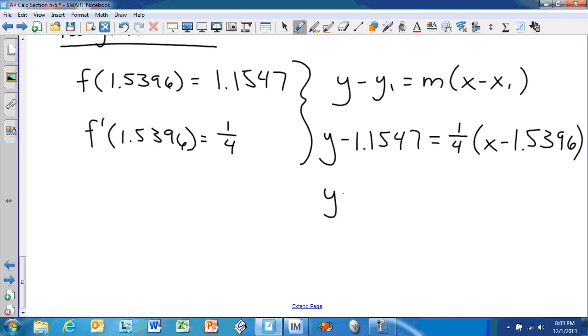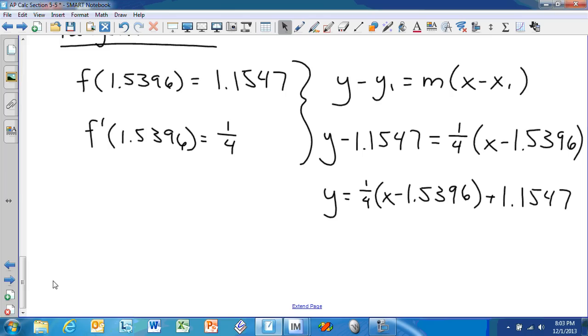And if you want to solve that for y, that's going to be 1/4 x minus 1.5396. I'm going to add on the 1.1547. Definitely had to have a couple of extra decimal places on there just so that when we go to graph this thing, you get as good of a sketch as possible.